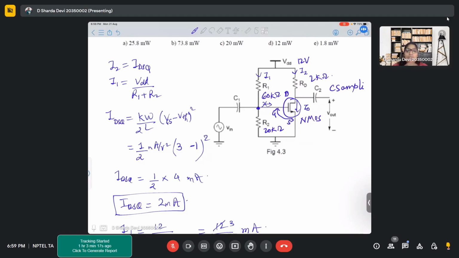There will be an extra power dissipation in the form of AC, which comes into the picture because of your input signal. That's why here we are considering all DC currents. I2, this current that we calculate, is a DC current, right? Yes, so this is a static power dissipation.